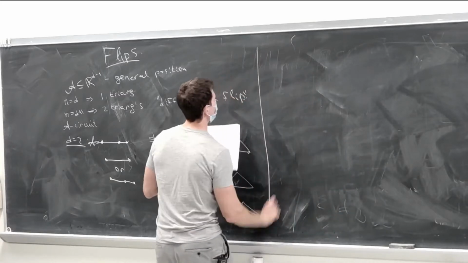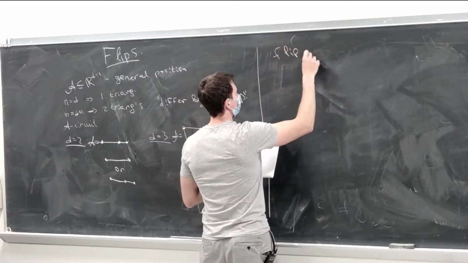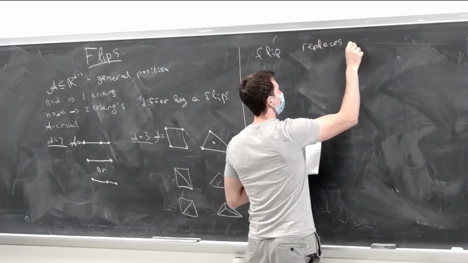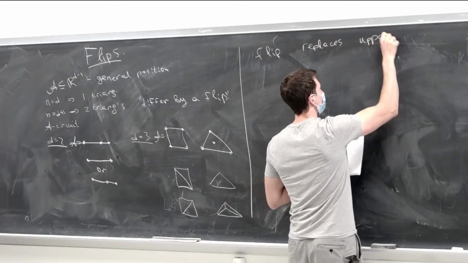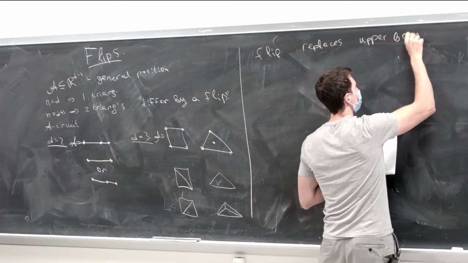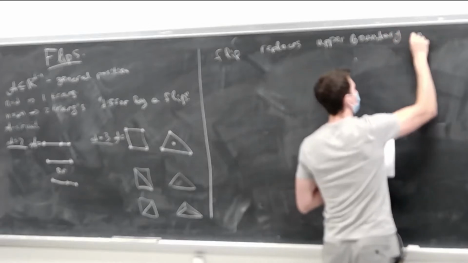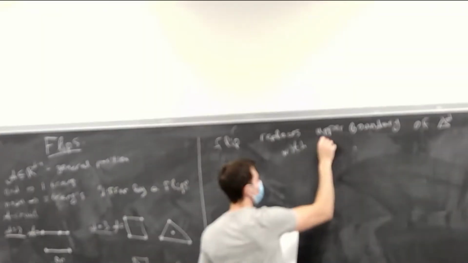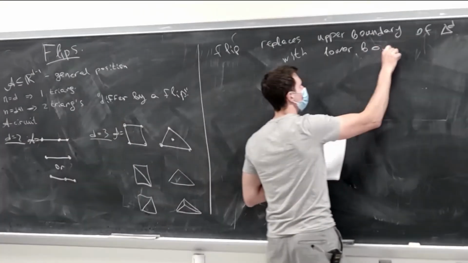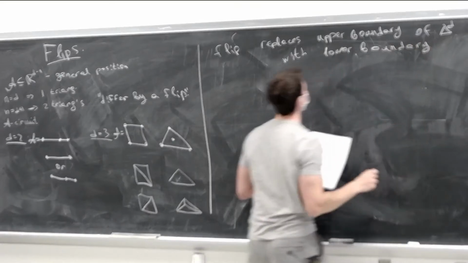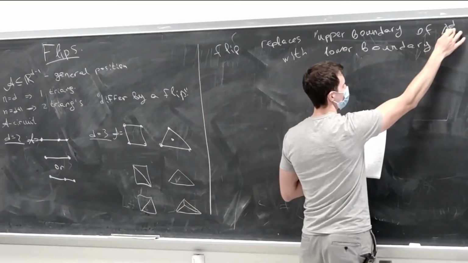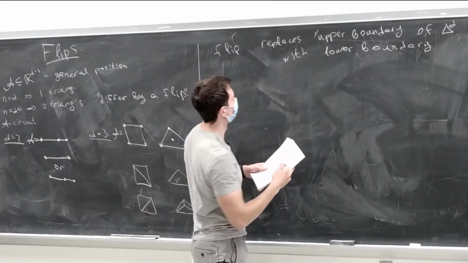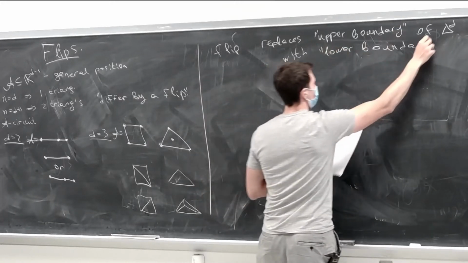So in general, a flip, this is an informal statement, replaces an upper boundary of the d-dimensional simplex with the lower boundary, where that simplex is not the standard simplex, but is somehow embedded into the d plus 1 dimensional space.